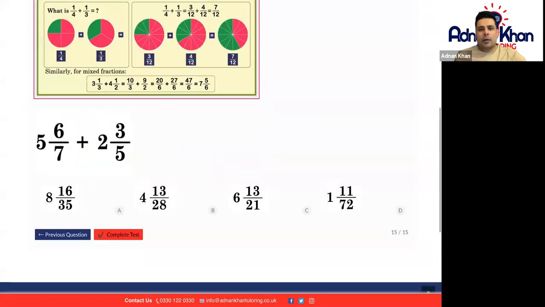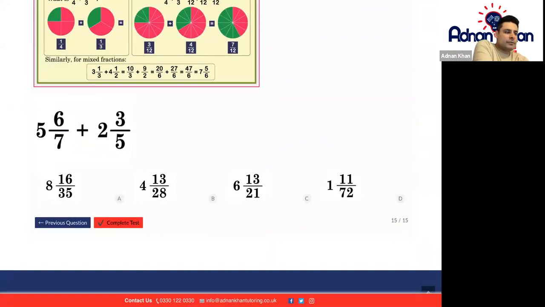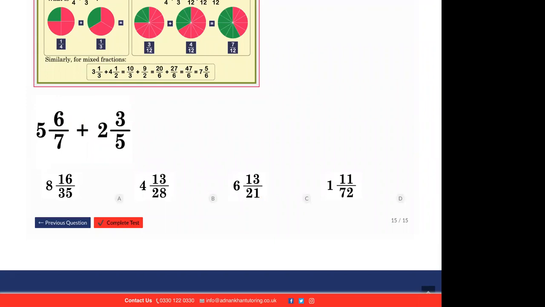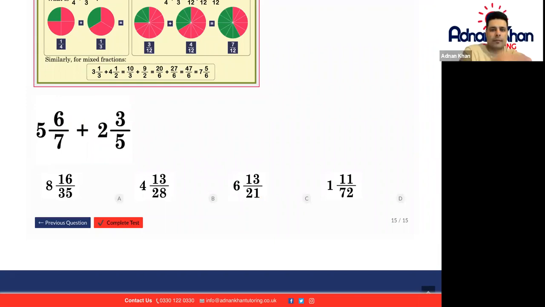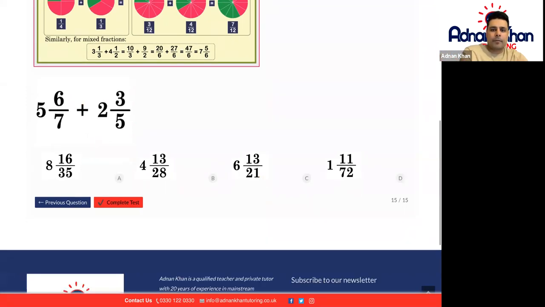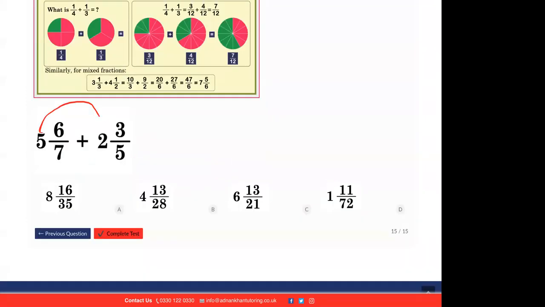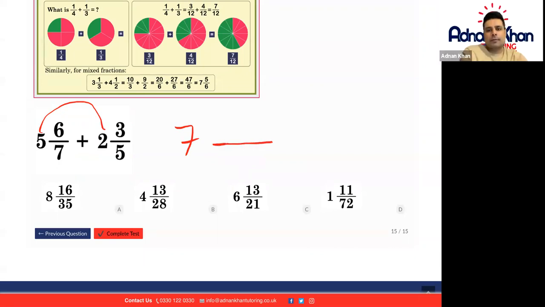Excellent. And while you're here, Sahil, you might as well do the last one as well. Okay. So 5 add 2 equals 7. And the common denominator is 35, so 5 times 7 is 35.